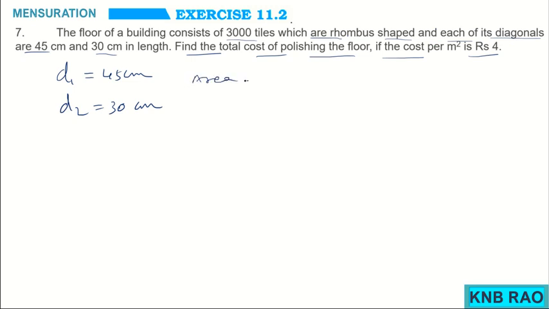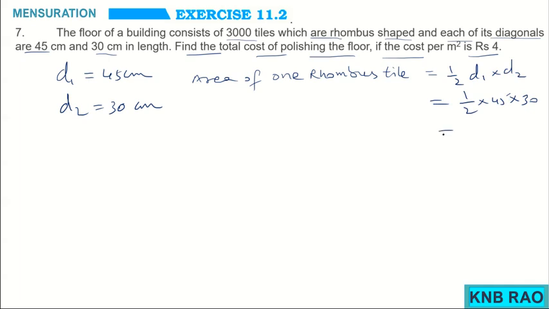the area of one tile, that is one rhombus shaped tile, which is half d1 into d2. So half into 45 into 30, on multiplication we will get 675 centimeter square as the area of one tile.